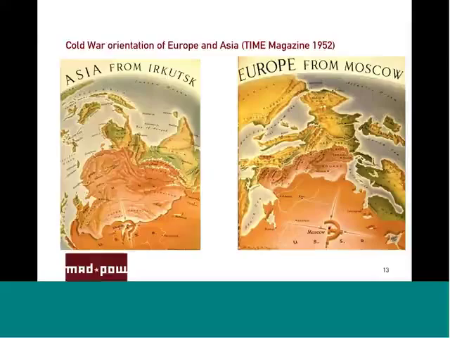And this kind of an orientation clearly carried part of the message that the communist world was about to blow out and threaten the rest of the world. So how you orient things, how you position your point of view has a lot of value in these types of maps and diagrams.